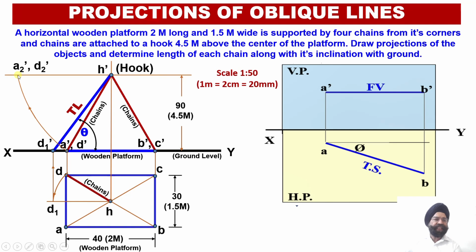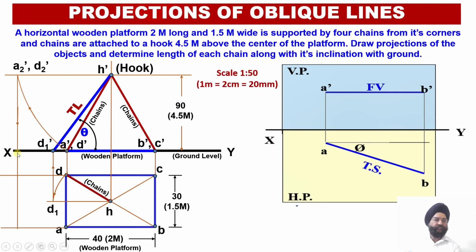So from this, a vertical projector line will be drawn such that it should intersect with the horizontal locus line emerging through the point A and the horizontal locus line emerging through the point D over here, because two chains were overlapping. So the two true lengths we are going to obtain in the top view. So through a2 dash and d2 dash, you can check one vertical projector has been drawn downwards now.